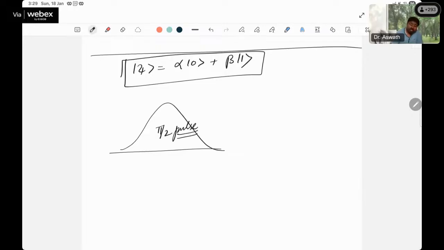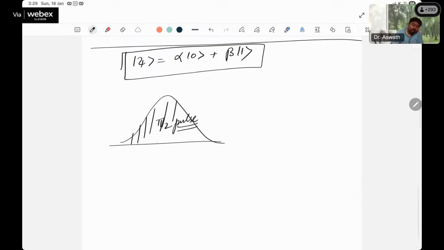So what is this pi? The area under the curve, if you find it out using some complex analysis, comes out to be pi radians or pi by 2 radians. So this is the area under the curve, which is actually a pulse sequence. I can increase the area of the pulse or decrease the area of the pulse. In that way, I can fiddle with alpha and beta values, how much alpha and beta I should have.